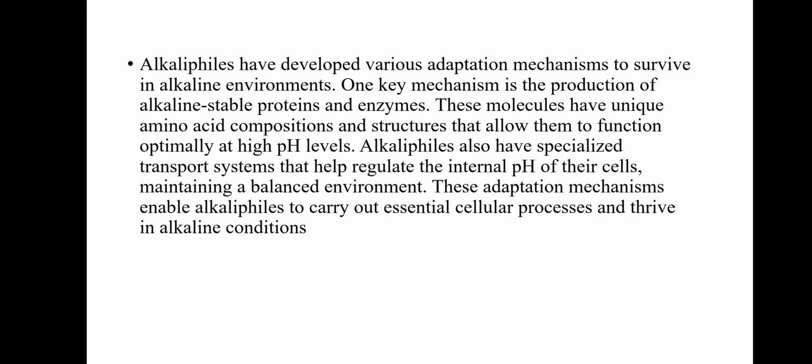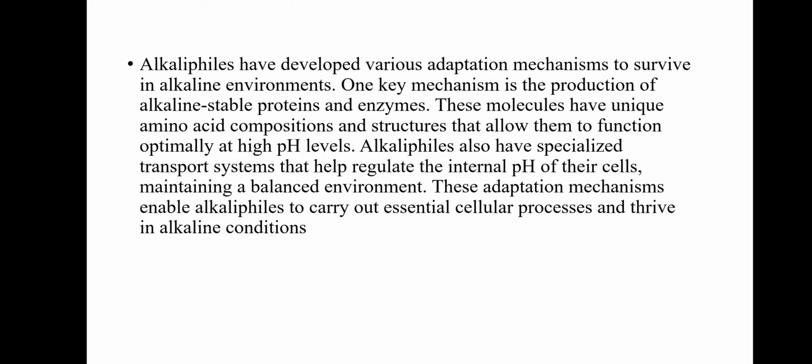Alkaliphiles have developed various adaptation mechanisms to survive in alkaline environments. One key mechanism is the production of alkaline stable proteins and enzymes. These molecules have unique amino acid compositions and structures that allow them to function optimally at high pH levels.